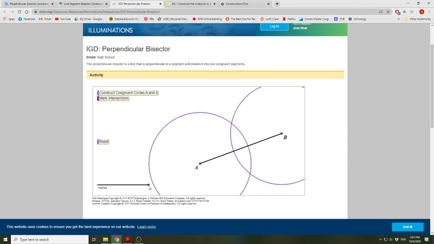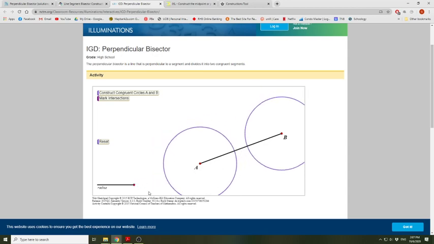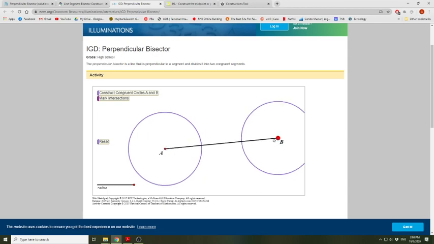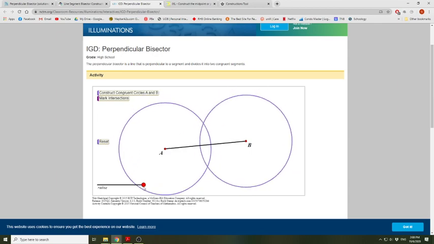If the circle is too small, do you think you can draw? No. So the circle must be big enough, more than half. Then we need to mark the intersection, P and Q. Then we draw the line PQ, and the midpoint will be here. So this is how perpendicular bisector works, right?